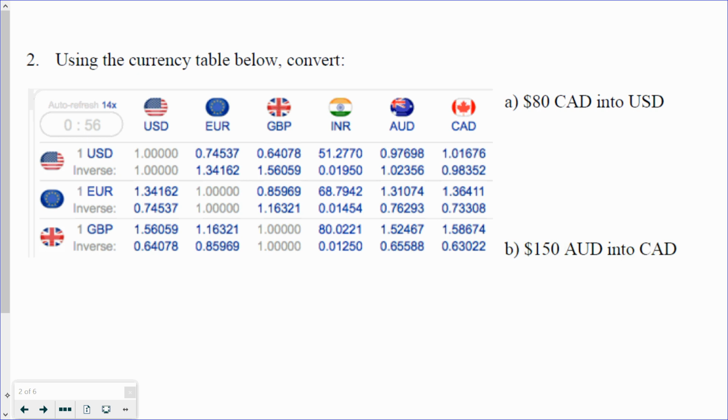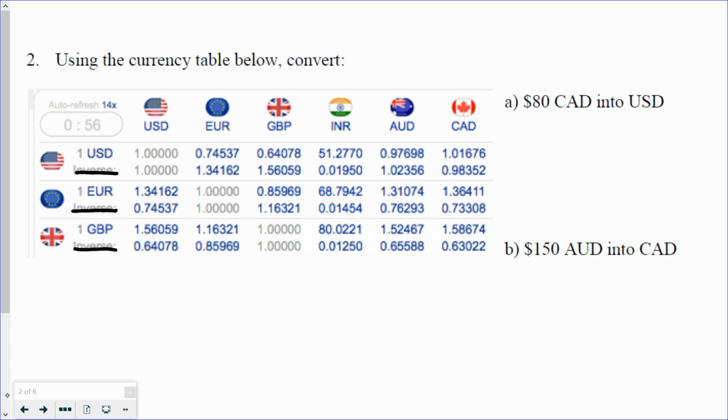I think this must be the Indian rupee, the Australian dollar, and the Canadian dollar. And it's talking about their value of one versus the other. So how you read this, we might ignore this inverse part for now. So we'll just look at the first column. So 1 US dollar is equal to 1 US dollar. That should make sense. 1 euro is equal to 1 euro. But then we have a little bit of our conversion factors within this.